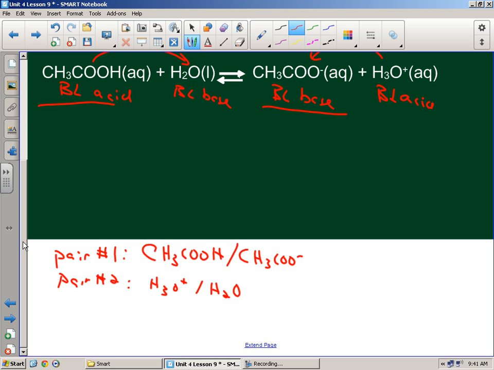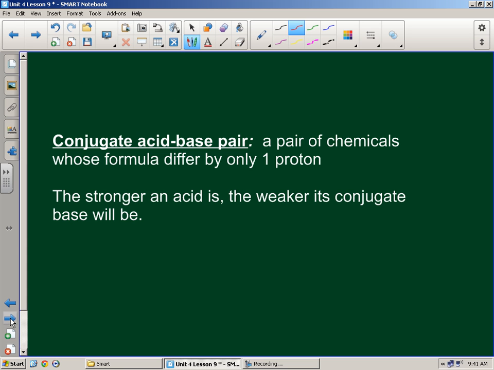Differs by a proton. So, all right, acid-base pairs: one from the reactant, one from the product, and vice versa, depending on which way you're going with that reaction. So there are 2 pairs there.